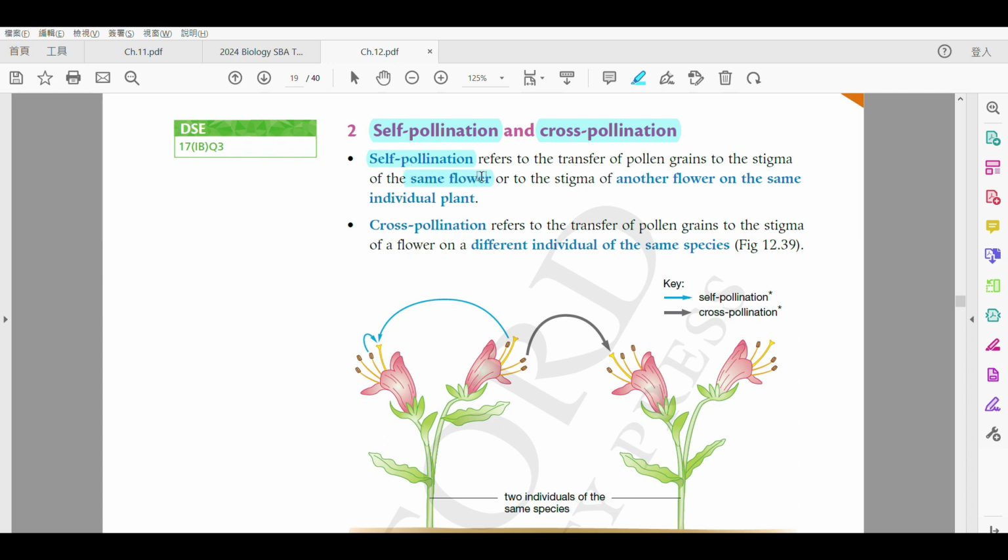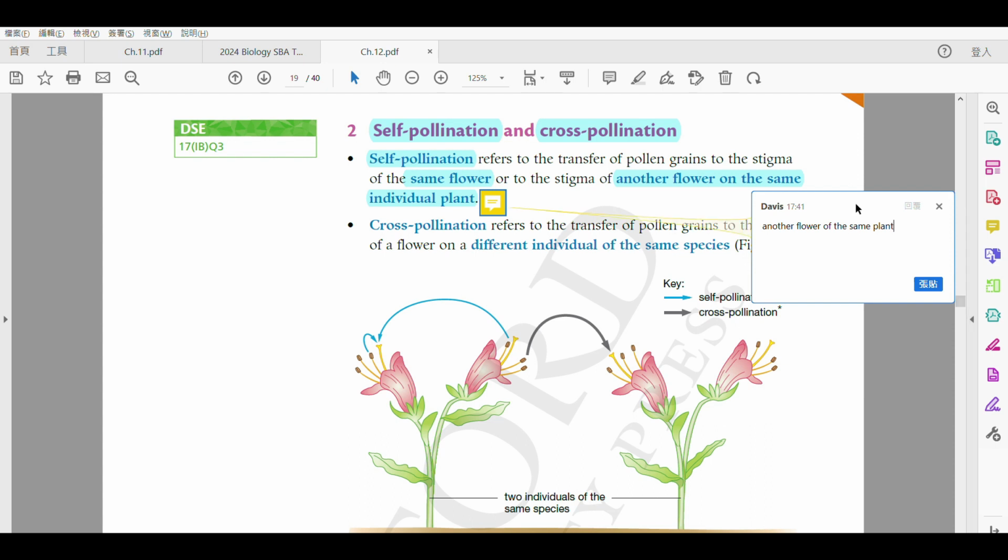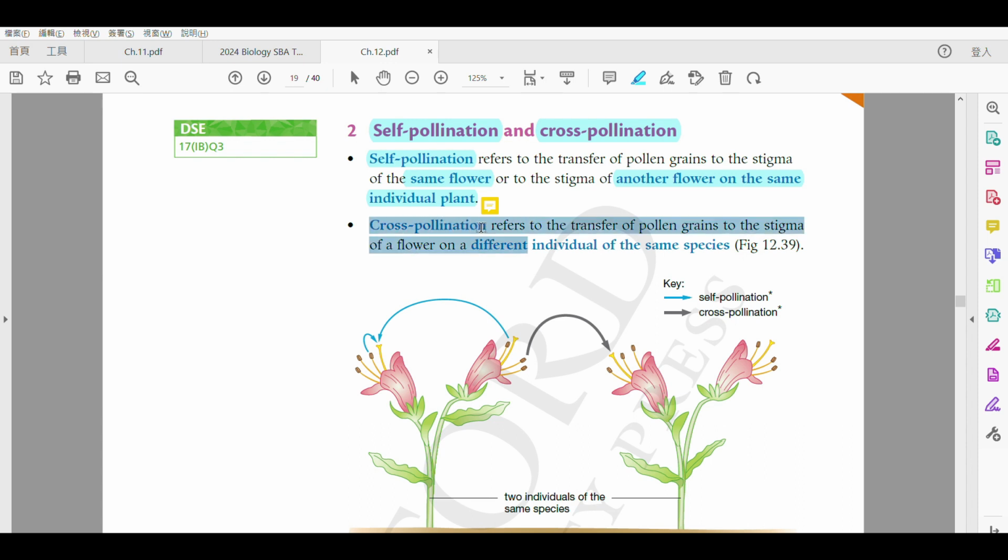So they travel to the same flower from the anther to the stigma 啦, or 我哋會講係 another flower, 但係咩啊, of the same plant. 可以改一改啊, another flower of the same plant. 當然啦 if you can say on the same individual plant, that's okay as well. Okay 好啦, that is self-pollination because they are still the same plant, right? 只要係同一個植物嘅話, it is so-called self-pollination. Okay, and then the next part we're going to talk about cross-pollination.